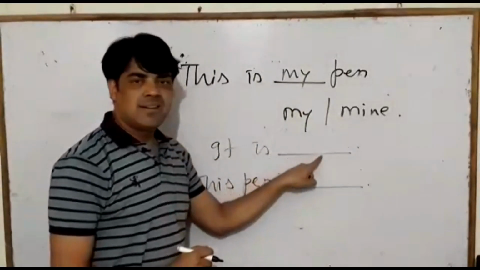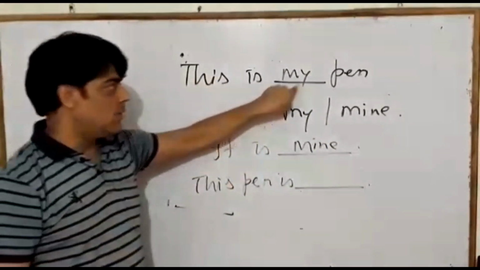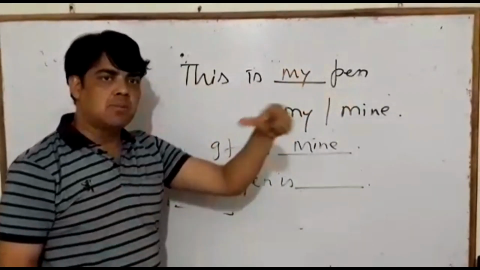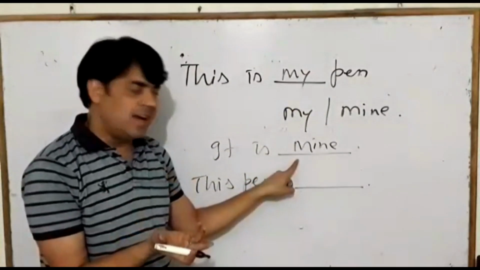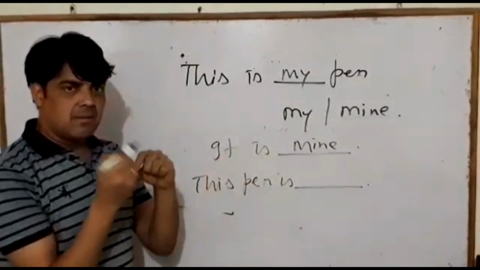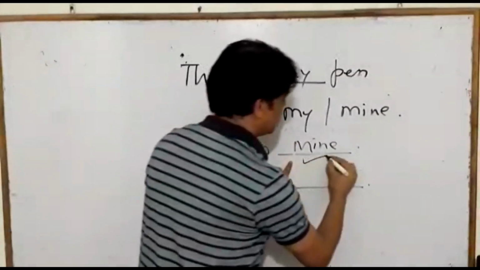So it is mine. Here we have to fill the adjective because the noun is given. An adjective comes before a noun. Here the pen is hidden. It is mine. I am showing the pen, but I am saying it is mine. So I am using mine.